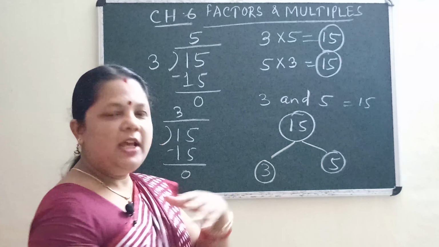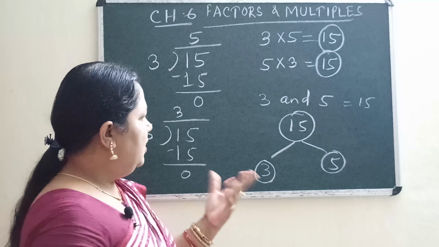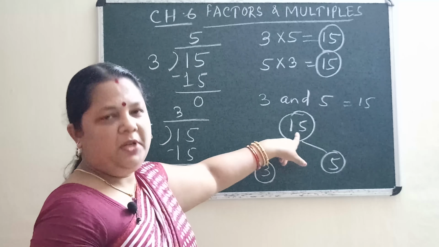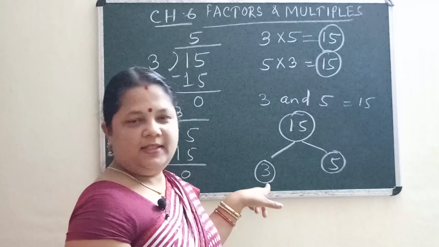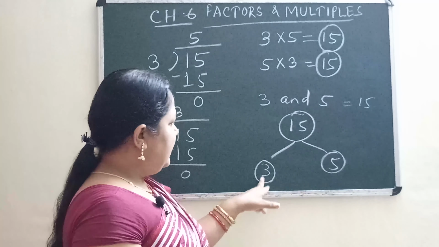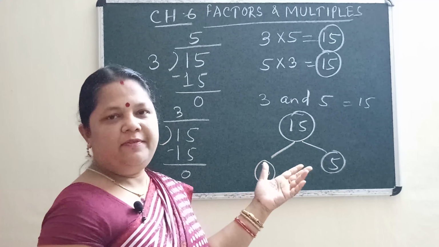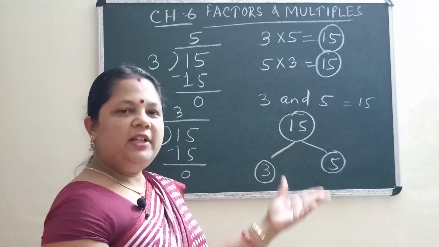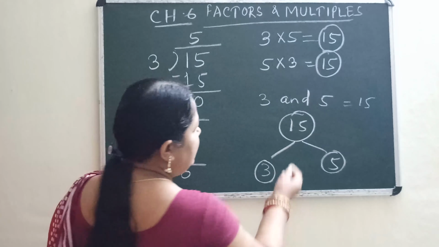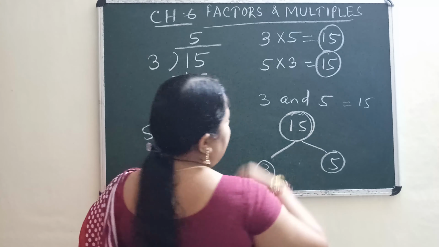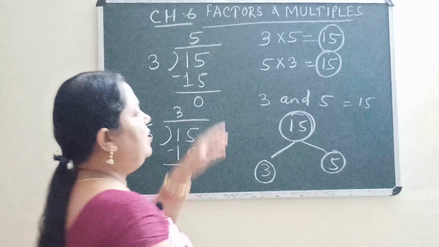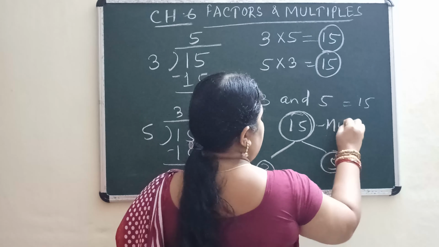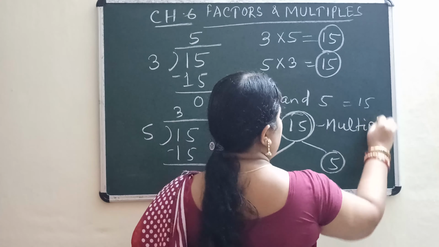Suppose, as a personal example, 15 is your mother having 2 kids. Yes or no? So this kid and this kid, there is no difference. For the mother, both kids are the same. So like this, 15 here is playing the role of the multiple.